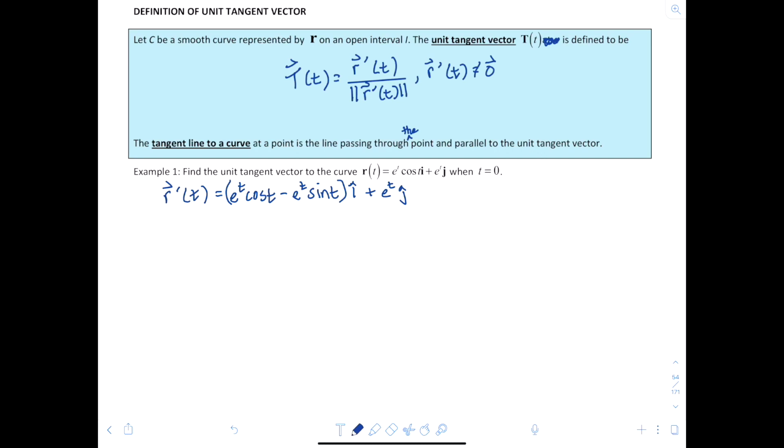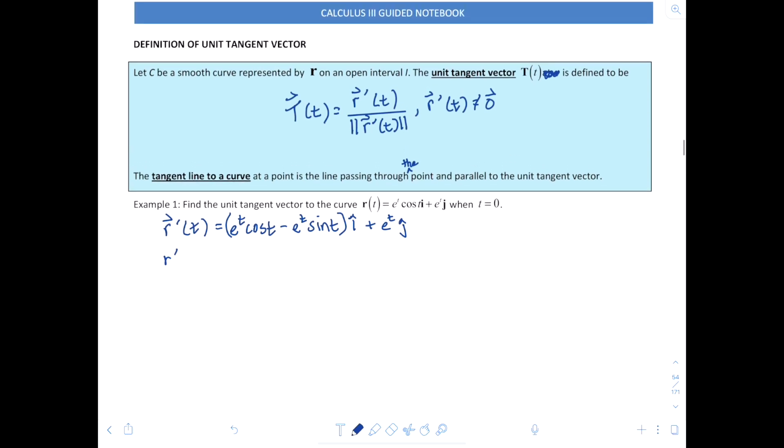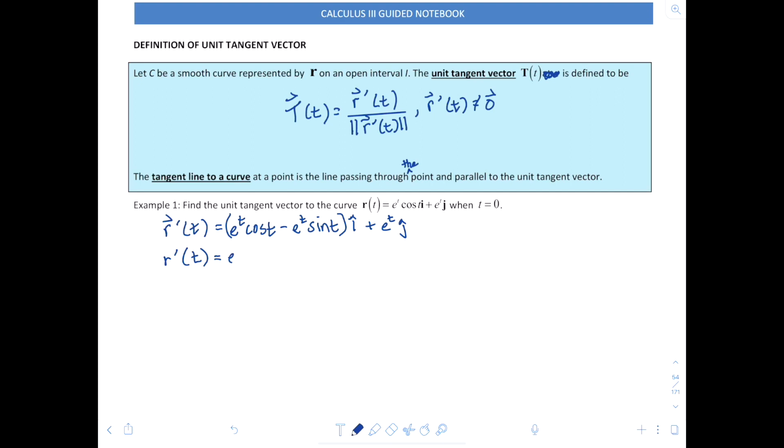Good so far? To make it easier to work with, I'm going to factor out an e to the t, and we can factor that out from the whole expression.